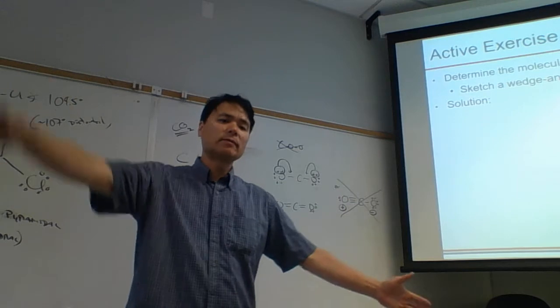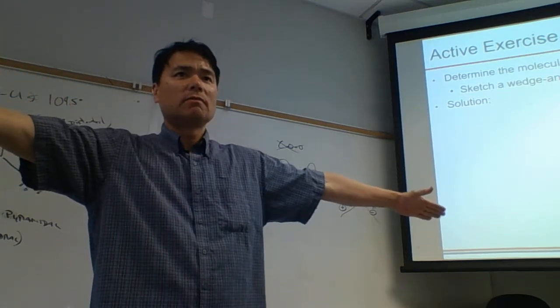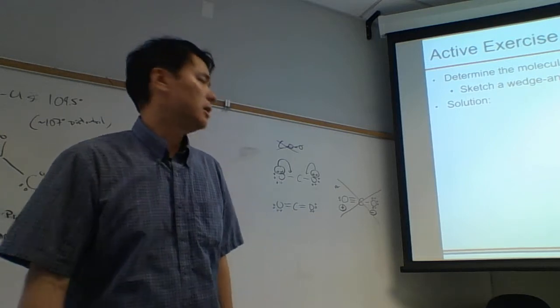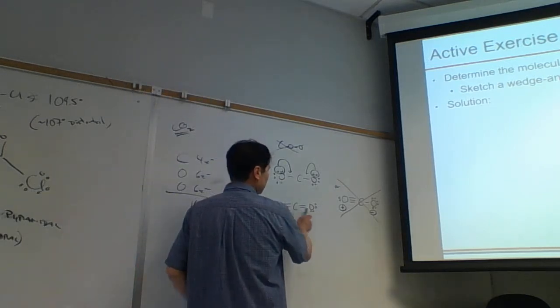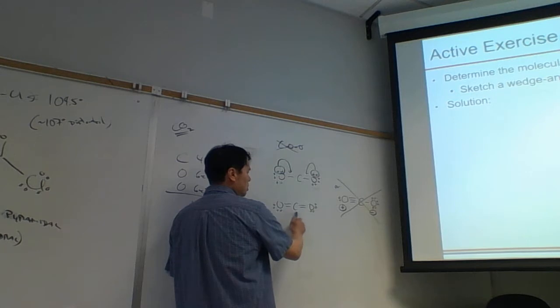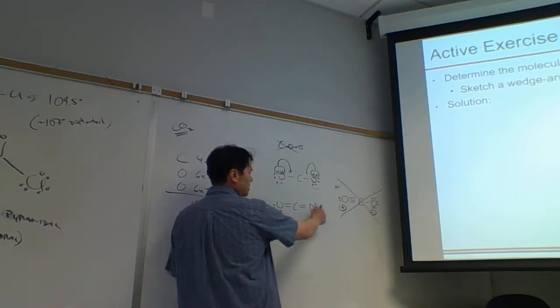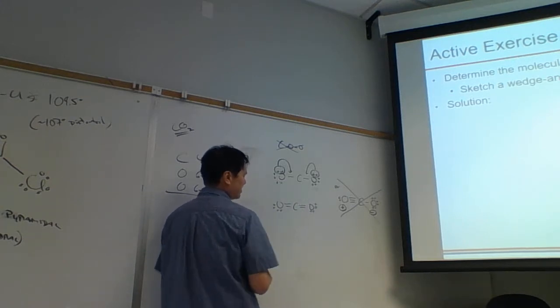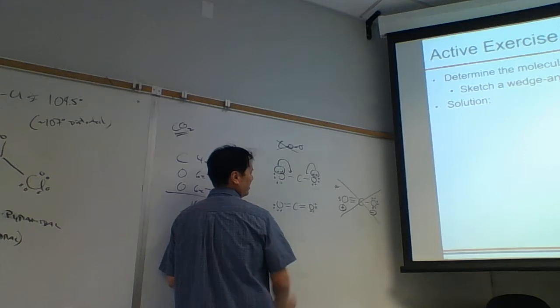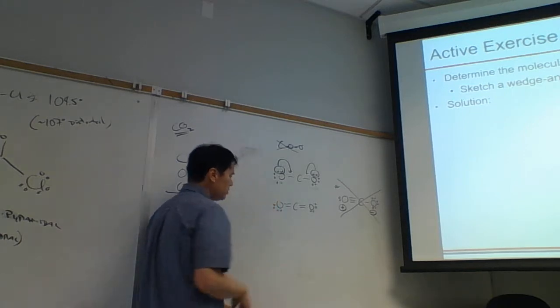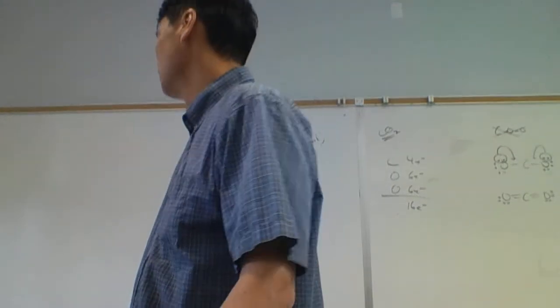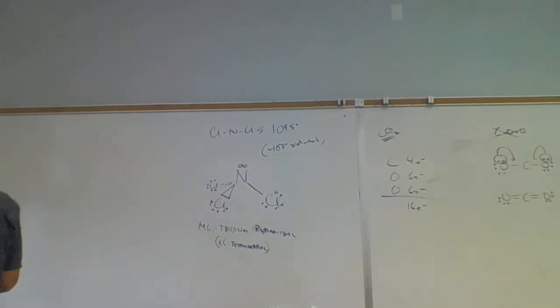Do I want to position them in a 109 angle, a 120 angle, or a 180 angle? 180. And so this is going to be 180. The OCO angle is 180. The electron geometry is linear, and the molecular geometry is linear. And this would be the 3D drawing because it's just flat in the plane here. So this is CO2. We handle double bonds the same as we handle any other group of electrons.